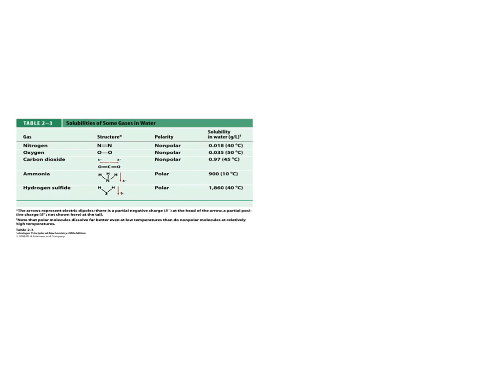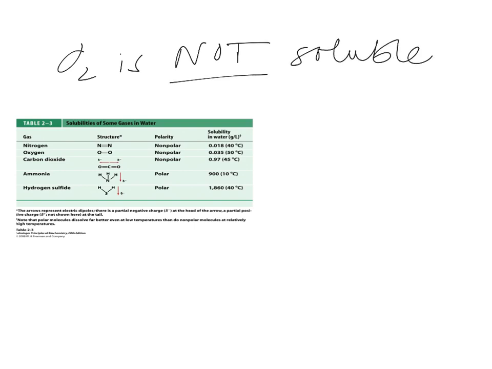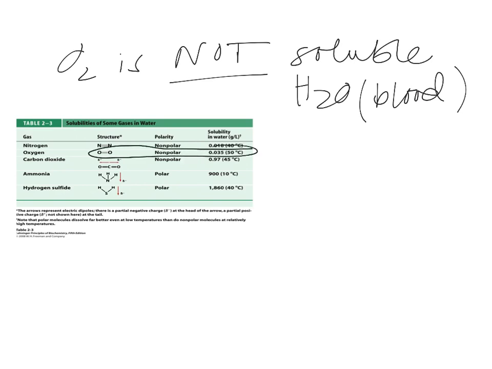Okay, so we're going to start with the super basics. It turns out oxygen is not very soluble in water, which is essentially what most of your bloodstream is made up of. Oxygen itself is nonpolar, so solubility is not good. Carbon dioxide is also nonpolar, and we'll talk about that in later videos, so its solubility is also not good.